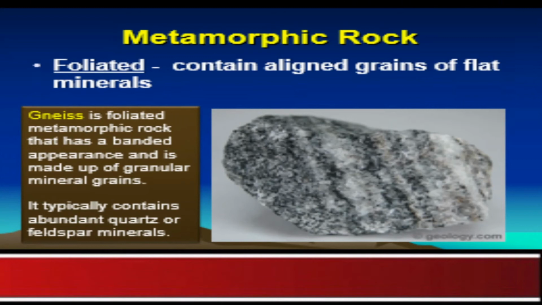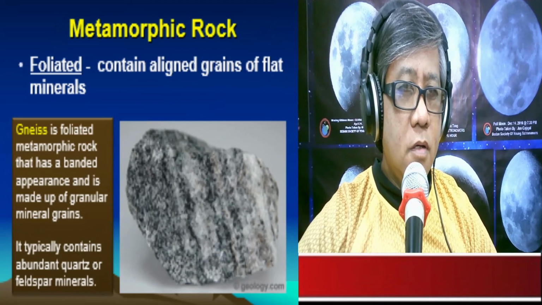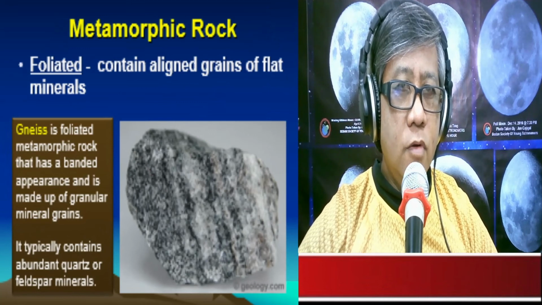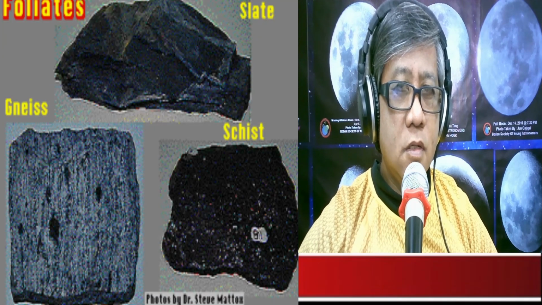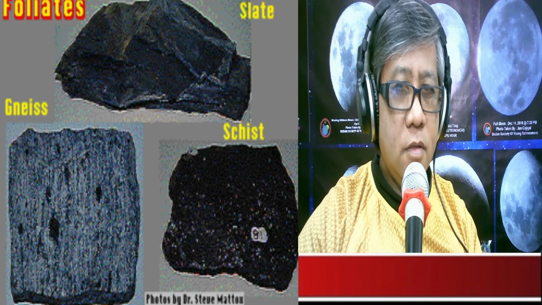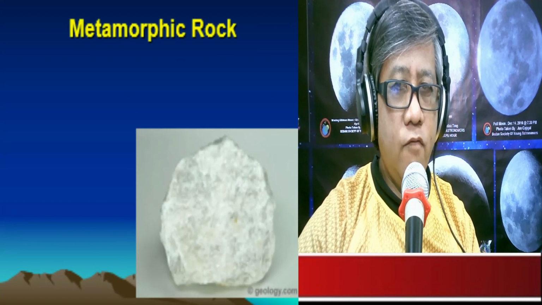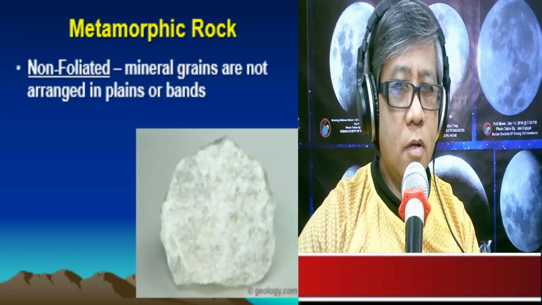So that makes gneiss a foliated metamorphic rock. There are other examples of foliated metamorphic rocks such as slate, schist, and as I have mentioned a while ago, gneiss. Now, the other type of metamorphic rocks is known as non-foliated metamorphic rocks.